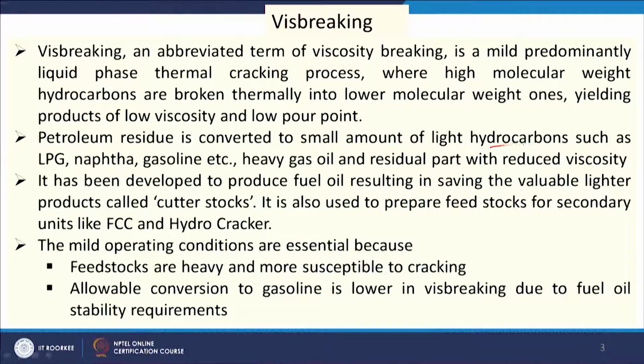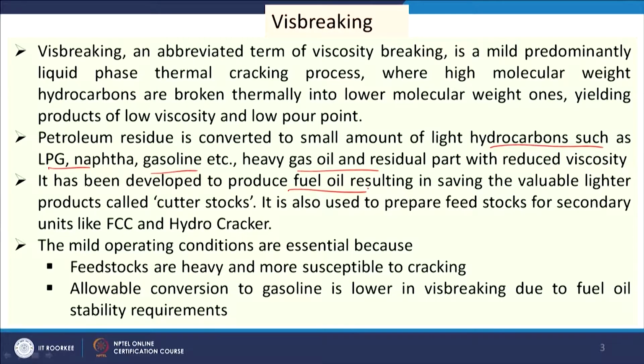Moderate conditions are needed in this method as our target product is the liquid product, or lighter products with lower viscosity. This process can give us hydrocarbons like LPG, naphtha, gasoline, heavy gas oil, etc. By this method we get some lighter material from the residual part, so the blending of fuel oil is reduced.